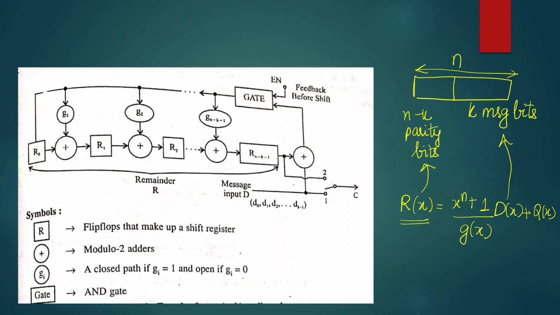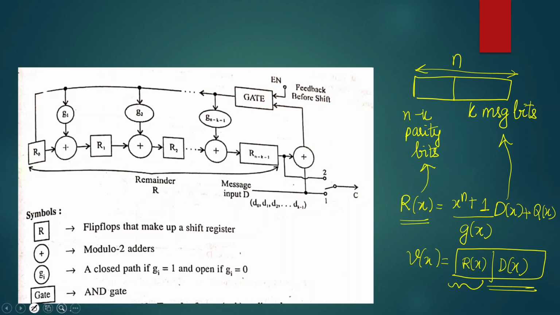To find the code word v(x), there will be two parts: one is the remainder polynomial, the other is the data polynomial. We are supposed to find r(x) from d(x) using this division procedure. So let us see how we are going to do that.